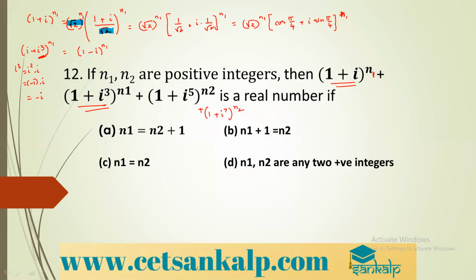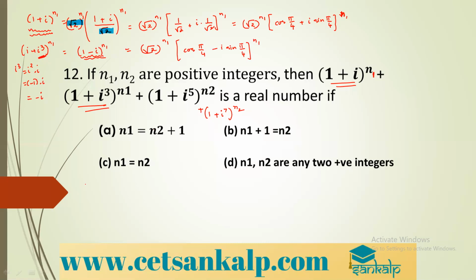And then, as we have written (1 plus i) power n1, in the same way we can write (1 minus i) power n1. Only difference is I will have root 2 power n1, and inside I have (cos pi by 4 minus i sin pi by 4) whole power n1.